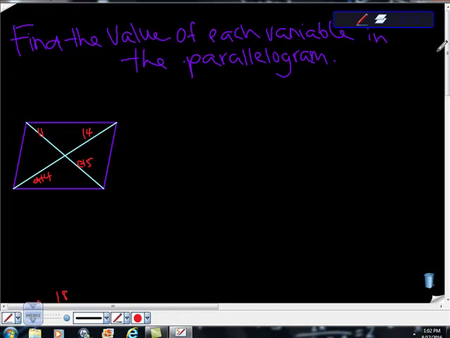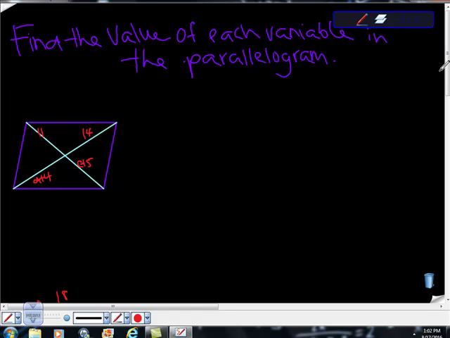Okay, it says here to find the value of each variable in the parallelogram. So this one is easy because we know that opposite angles, or hang on, one second. No, never mind, not opposite angles.